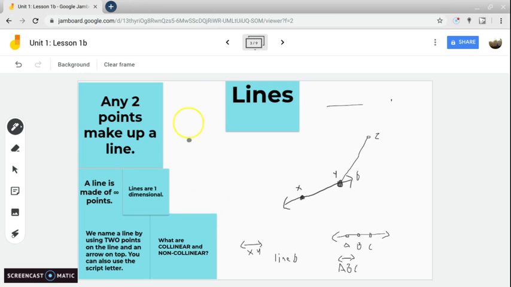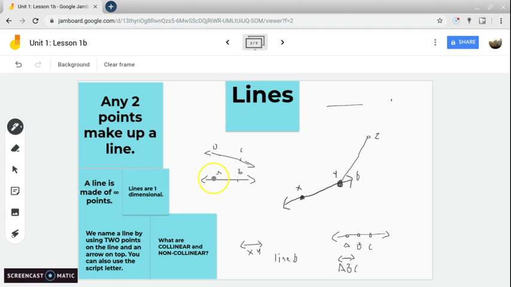But what's an example of non-collinear? Well, that would be if you had something like this. You have 2 lines here, and let's say that's point A, point B, point D, point C. That's messy, but it's not easy to write that with a computer.